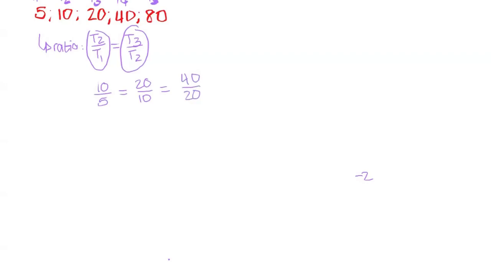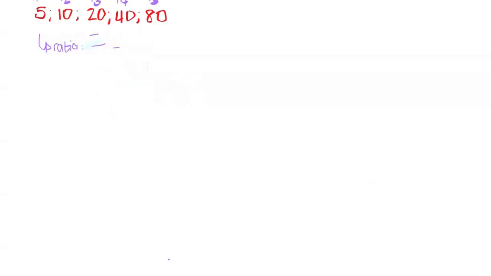So that means, yes, this is a constant ratio, and the R value is 2. That's basically what you have to understand with the pattern in geometric sequences. Are we all okay so far? Okay.